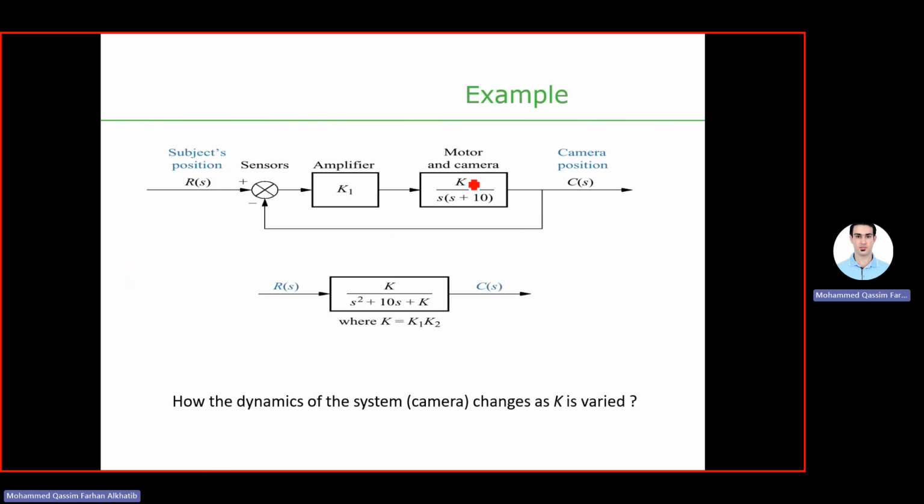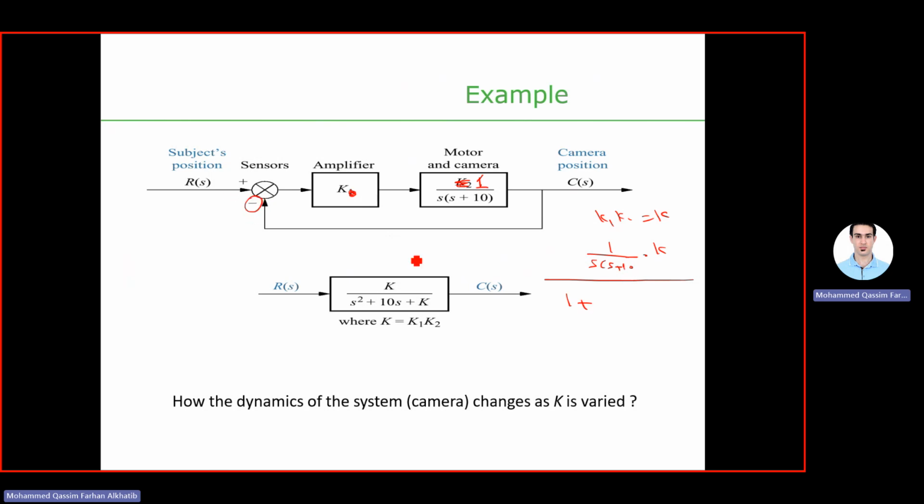For ease, usually we have this one as a constant or 1 or whatever, and this one just K. Actually, when this example simplifies it, it will just say K1 times K2, just a constant K. So when you have a system like this, and it asks you to determine the transfer function for the system, you have a G, which is 1 over S plus 10, times K, over 1 plus the same thing.